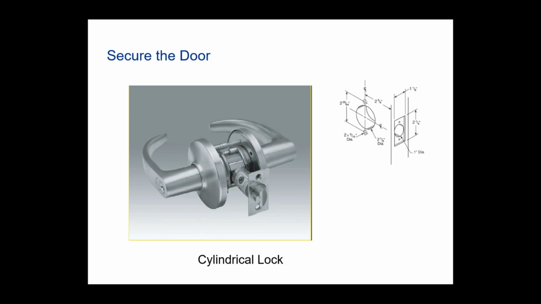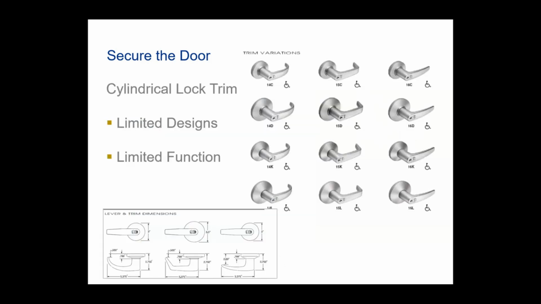But if you have something like that, make sure that you consult with an expert, so that way they can get you the proper latch. But there are various latches that are out there to help you. Looking at cylindrical lock trim, you're limited with some manufacturers on the design of those levers, and you're also limited on your functions.